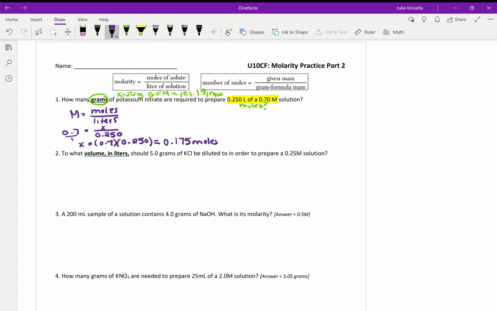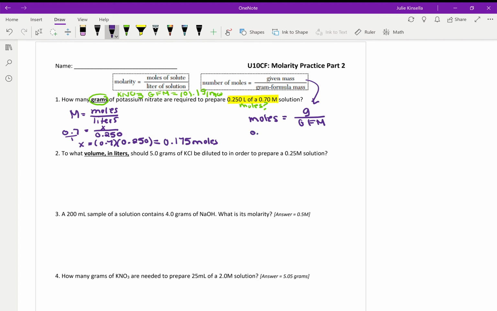And then from there, remember, in this case, we're going to find grams. So we started with our molarity formula because we were given molarity and liters to find moles. And now I can use moles to find how many grams that would be. So moles, and I'm just using my second formula here, is my given mass, which is your grams, over that GFM, which is always from the periodic table.